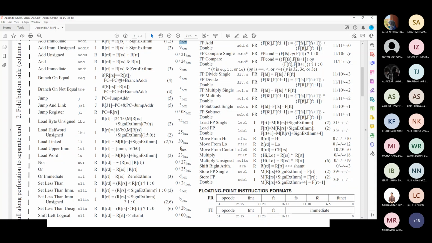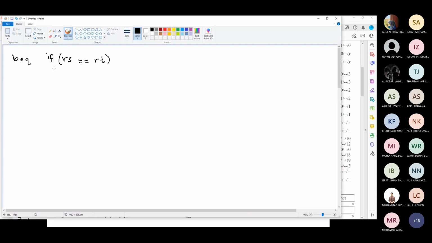If it's true, we jump to the branch address, so PC is equal to PC plus 4 plus branch address, meaning how many instructions to jump. Like that. So that is BEQ.